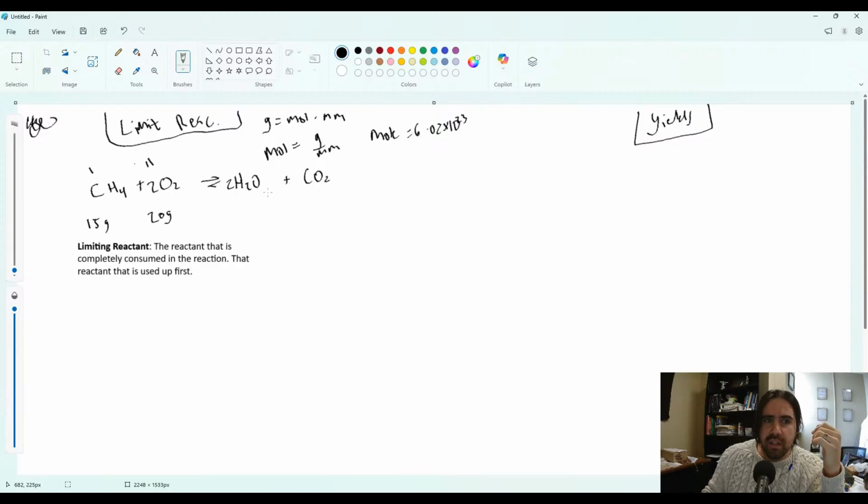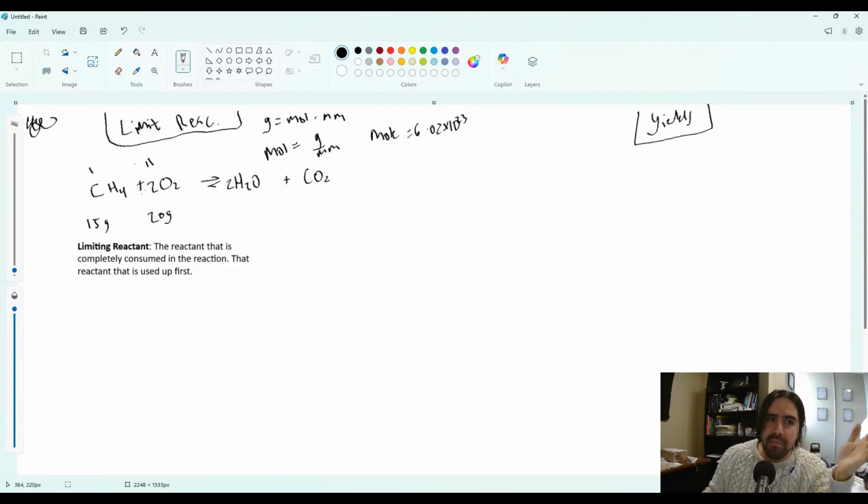So if I'm doing this chemical reaction, I can either use one molecule of methane with two molecules of oxygen, or I could use 1 mole of methane molecules with 2 moles of oxygen molecules. It's kind of like saying 1 pair of methane molecules would go with 2 pairs of oxygen molecules, or 1 dozen methane molecules would go with 2 dozen oxygen molecules.